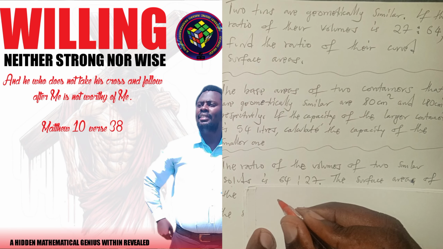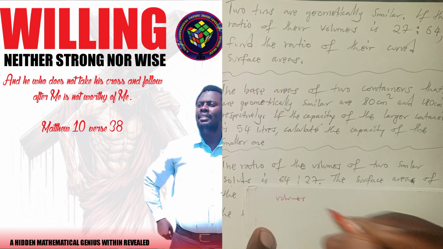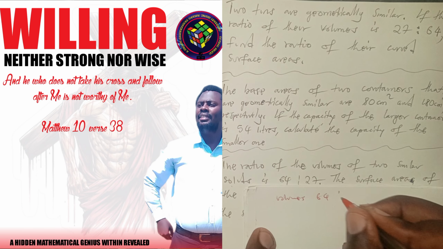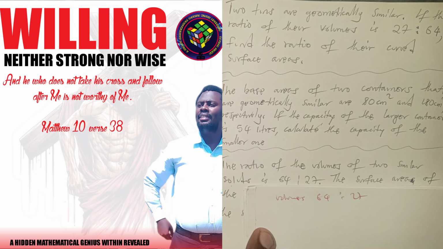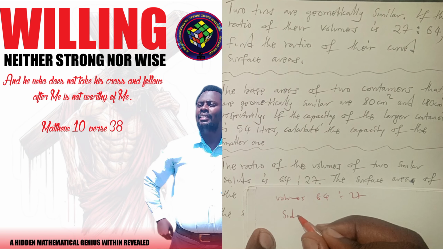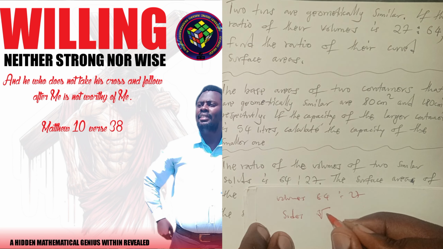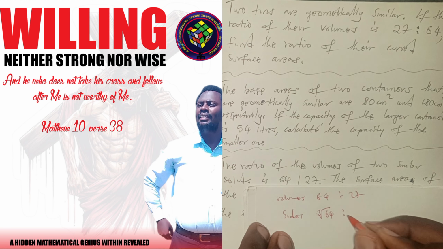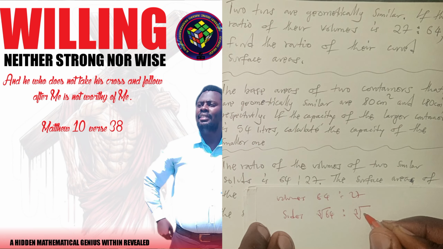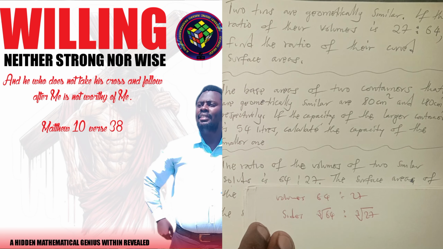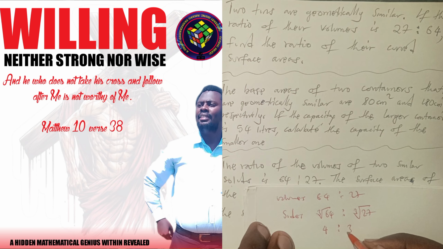Okay, so we have the ratio of volume, that is 64 to 27. Then for the ratio of sides, you just cube root the ratio of volumes. So it's the cube root of 64 to the cube root of 27. The cube root of 64, you get 4, and the cube root of 27, you get 3.